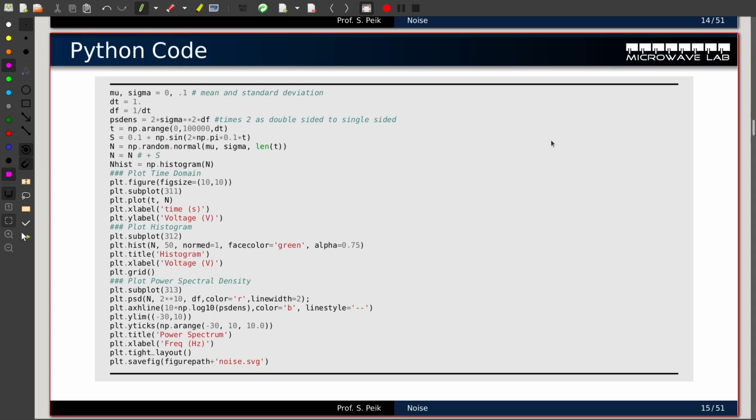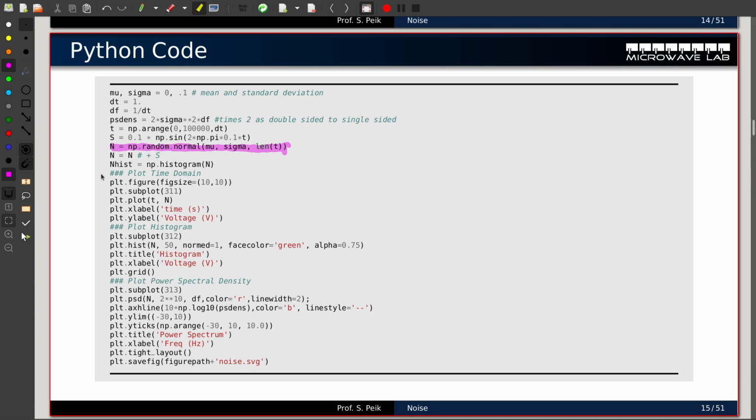Here's a little Python code which just plots these three diagrams. There's one line here, this one, where my random signal is generated: random normal, with a certain center value and a certain sigma.